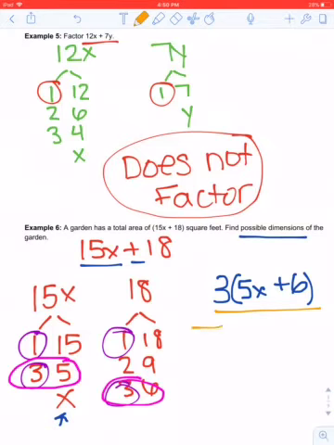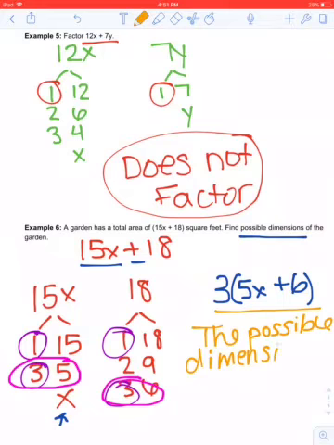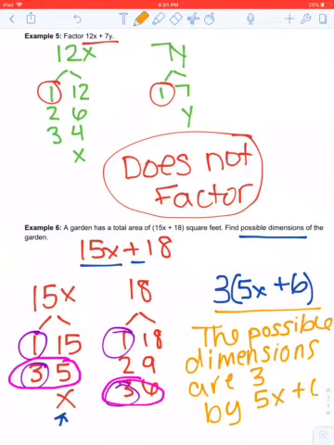So we can write a sentence and say that the possible dimensions are 3 by 5x plus 6. It doesn't matter that we don't know what x is, because it's just a dimension, and we can always plug in for x. So once again, this right here is what factored form looks like when we're done, okay? That would be, along with your sentence, your final answer.